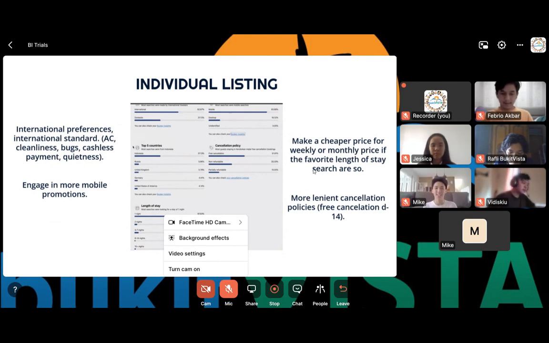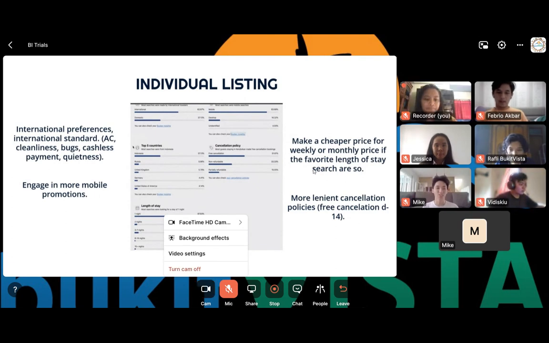From what I observe as well, international visitors are usually mainly concerned about the existence of air conditioning, cleanliness, bugs and mosquitoes, cashless payment, and quietness. Knowing that the majority of the occupants of the property are international travelers, we should really pay attention to these things.